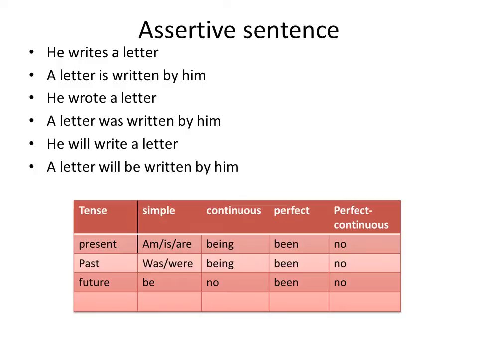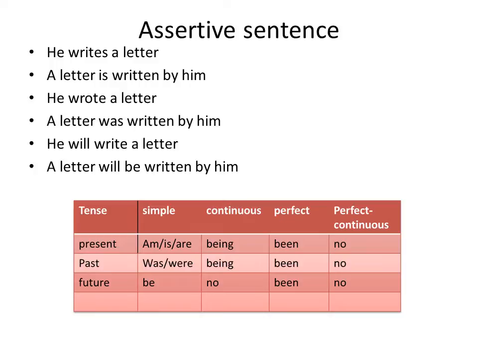Then we have to use by, because we have to show that it is done by somebody. Then him: we have to use the objective case of the subject, because the place of the subject in the first sentence is changed. That is why we have to change the case also.